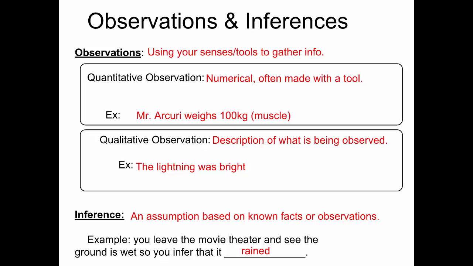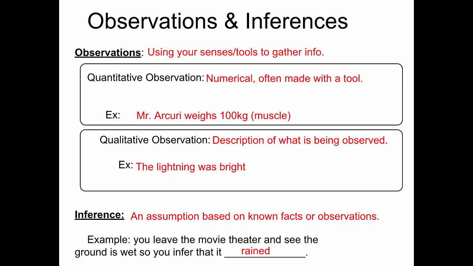If I say Mr. A frequently has a frown on his face, quantitative or qualitative observation? Qualitative. So what would be an inference we might make about that? Avery? He's sad. He's always in a bad mood. He doesn't like his students. But if I say Mr. A's head is only 63% covered in hair, what is that?